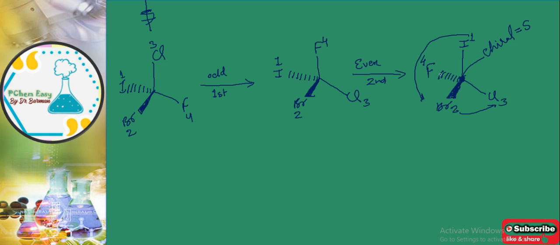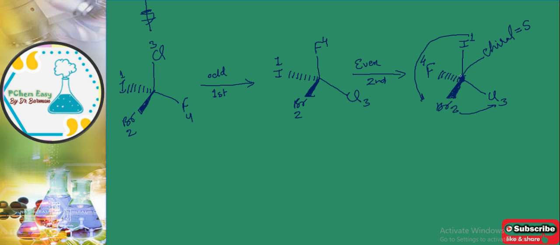If after rotation that fluorine is coming in wedge, we will have to invert it, S to R or R to S. But now this fluorine is in dash bond, so we will write as such what it is there.